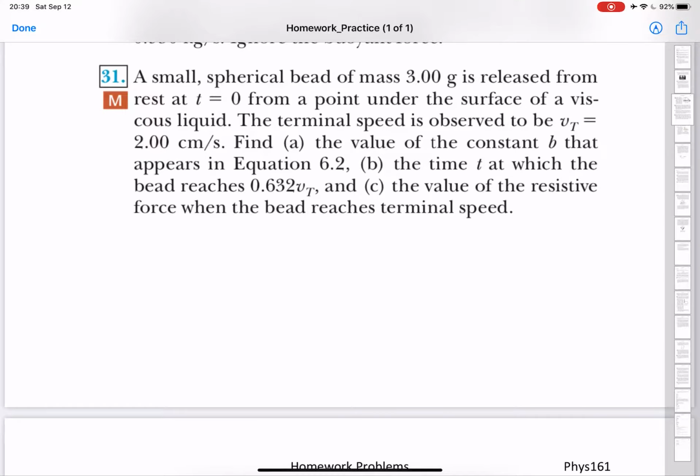Now let's draw the picture and see how it looks. First of all, here we have water, and the bead, if you imagine it's here, has an initial velocity of 0 at initial time 0.